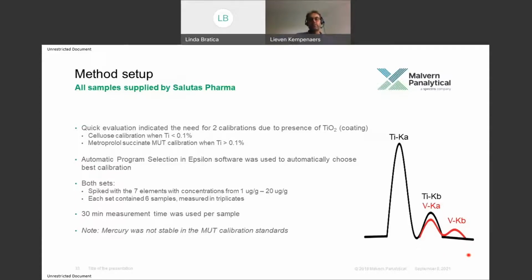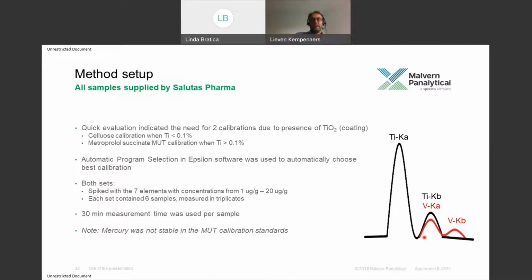And then they noticed that when you're analyzing a sample with very high titanium oxide in it, you obtain a very high titanium K alpha peak in the spectrum, and also a titanium K beta peak. They always come together in a certain ratio. Then the authors say, when you're interested in low concentrations of vanadium, you will have a problem.